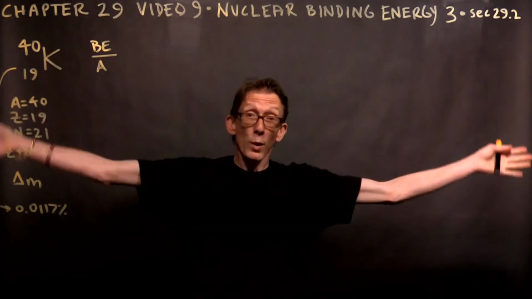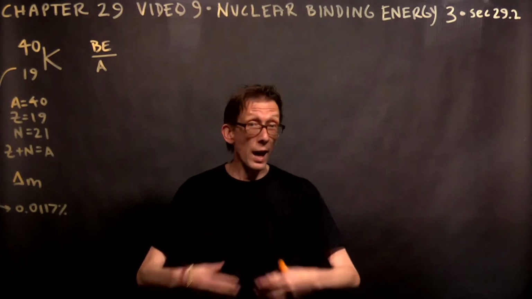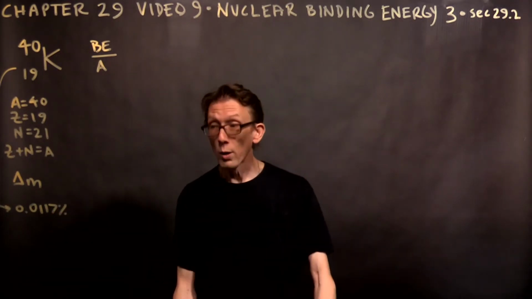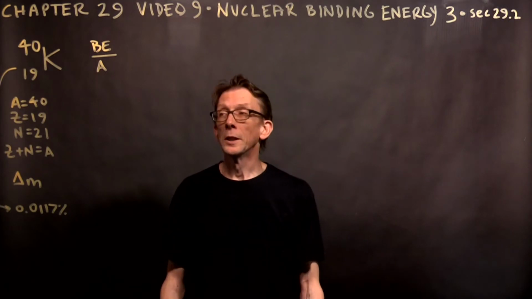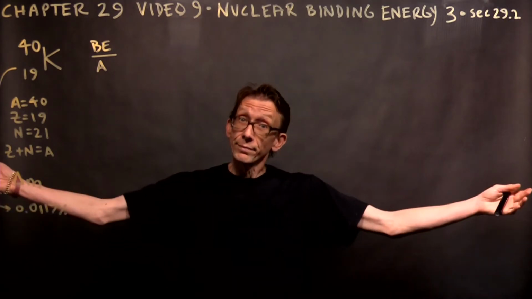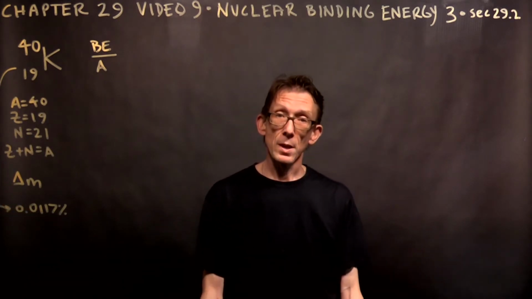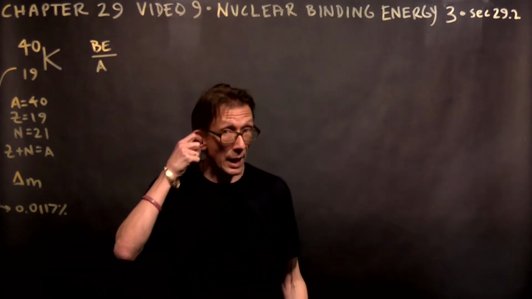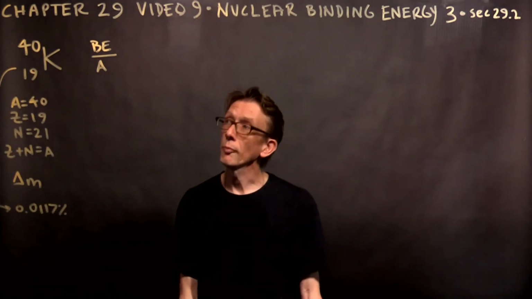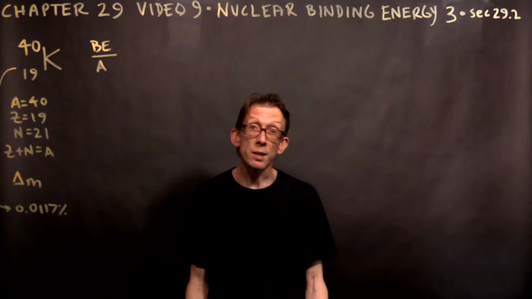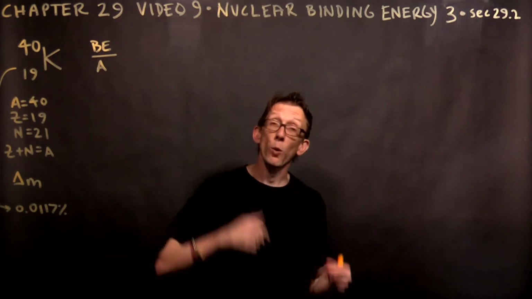So there's potassium in the walls of your house, there's potassium in the ground, and a lot of it, well, 0.0117% of it, which is still a whole lot of potassium, is radioactive. It emits gamma rays. Now, what all that means, we'll talk about. But it's an interesting example of a radioactive nucleus, which is all around us. We live in a sea of low-level radioactivity all the time, and potassium 40 is part of that.